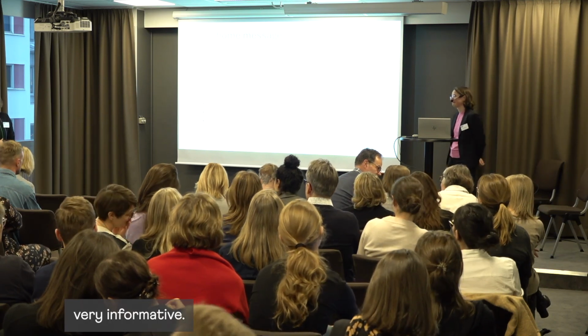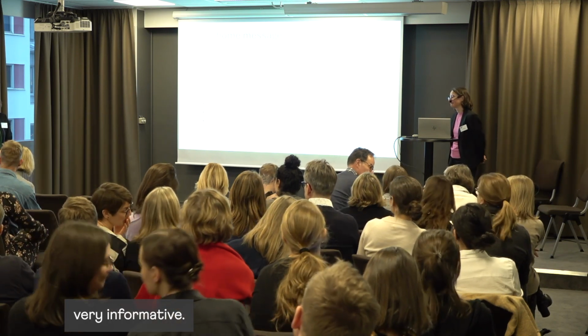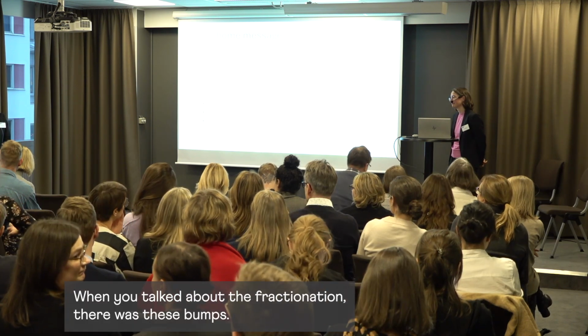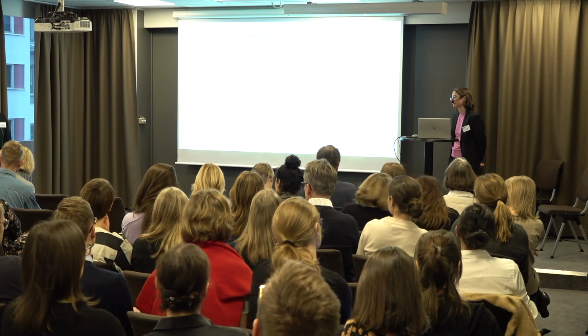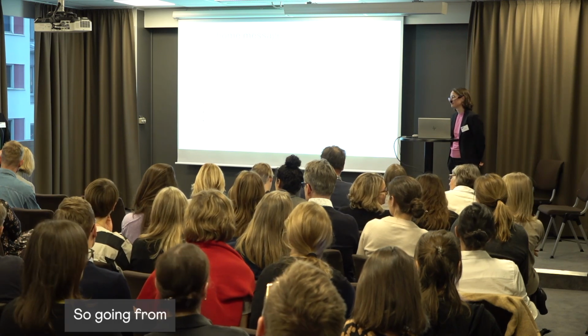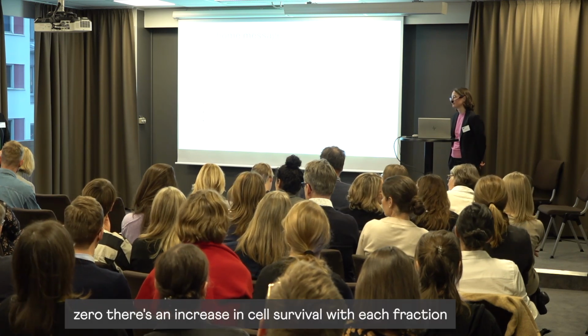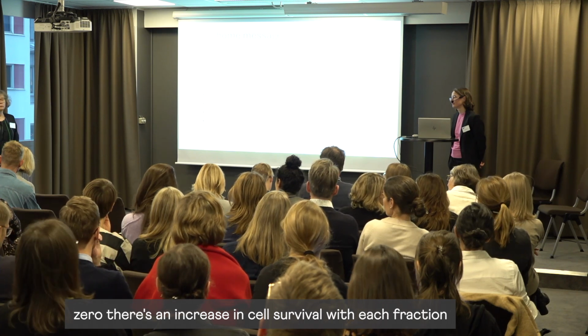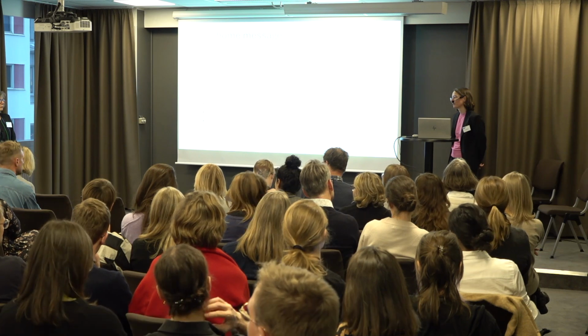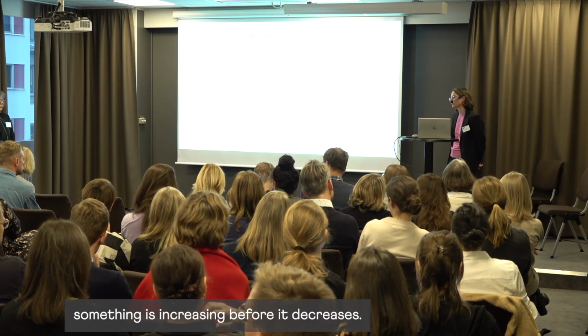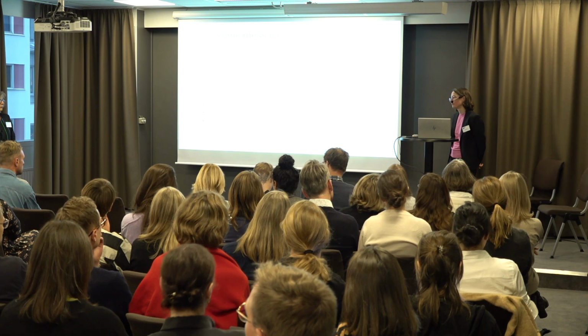Excellent talk, Anna. Very informative. When you talked about the fractionation, there are these bumps. So going from 0, there's an increase in cell survival with each fraction. Something is increasing before it decreases.